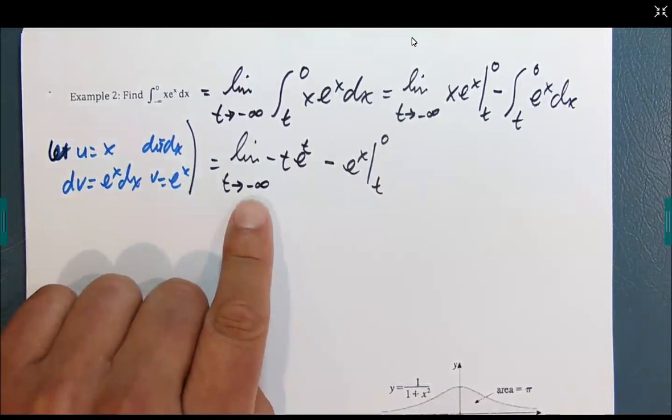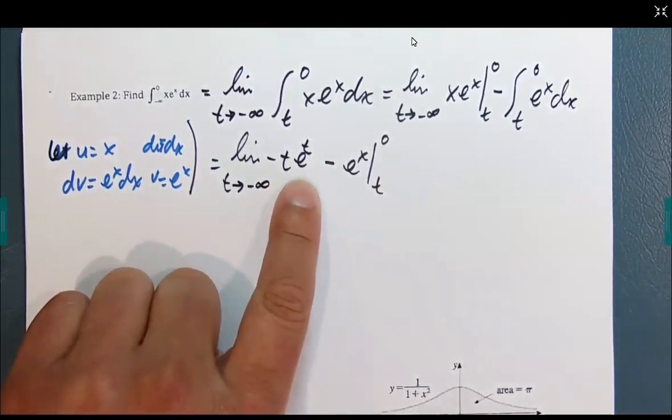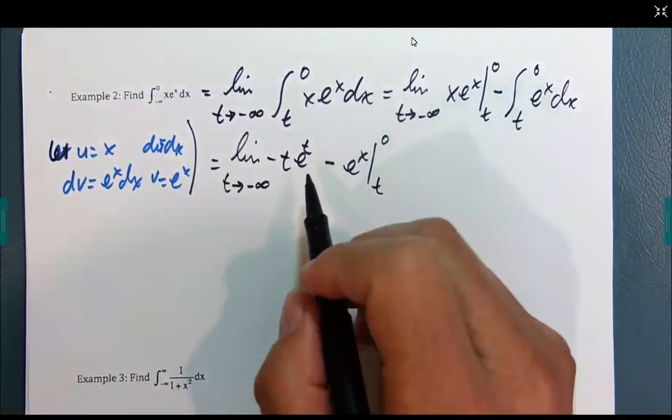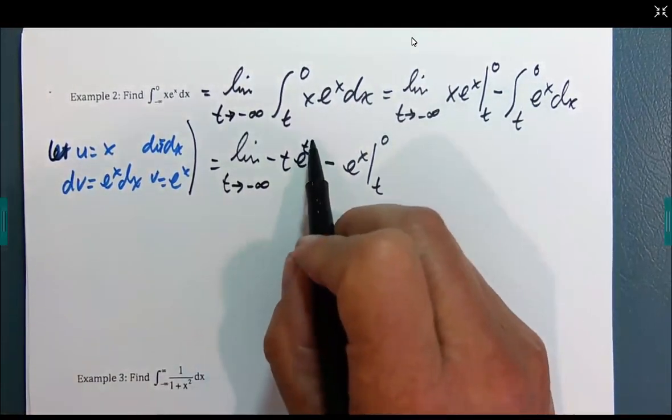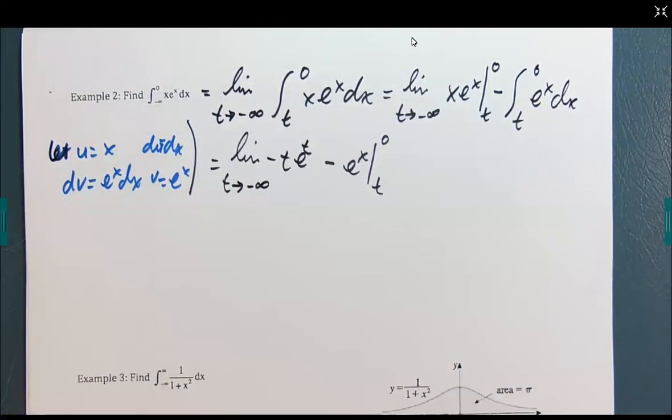Now, negative infinity, and then this is t e to the negative t. Now let's think about that just for a moment. What's going to happen is as that goes to negative infinity, that whole piece there goes to 0. And we're going to end up with a 0 times infinity situation.